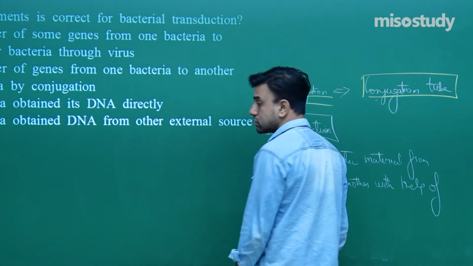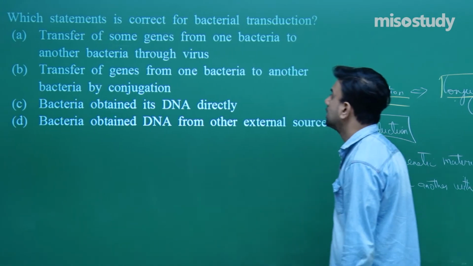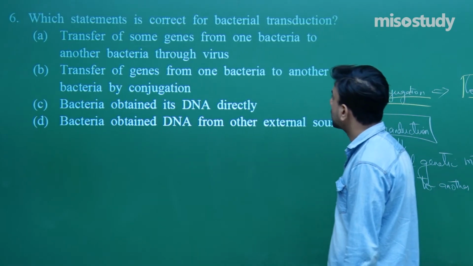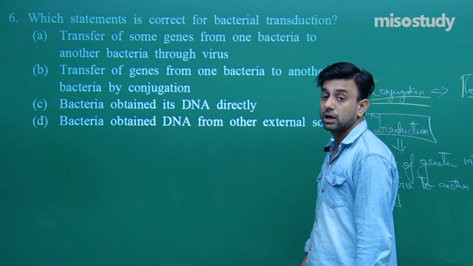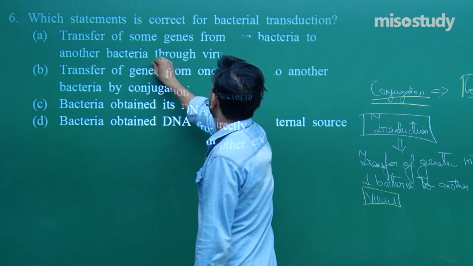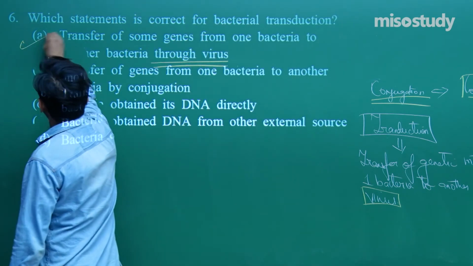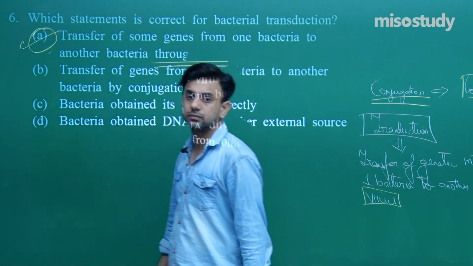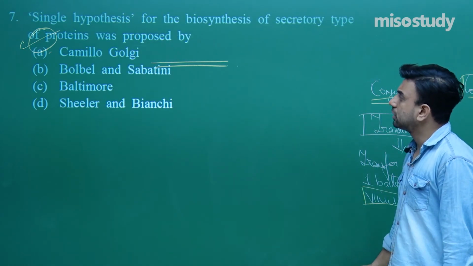So conjugation takes place in the presence of a conjugation tube, and here we see the transfer of some genes from one bacteria to another bacteria through the virus. Hence, this will be the correct option. Right. Let us move to the next question.